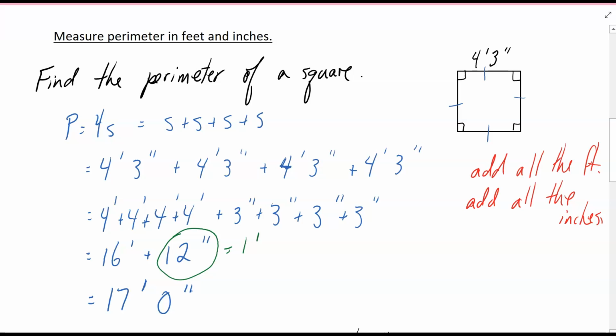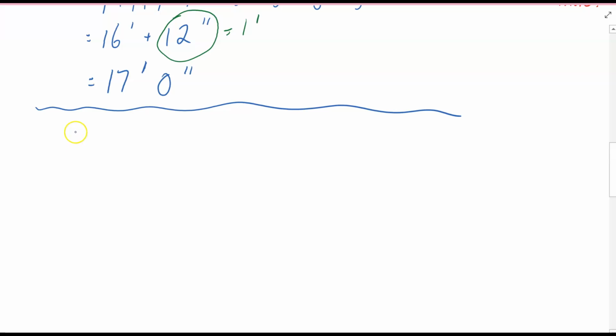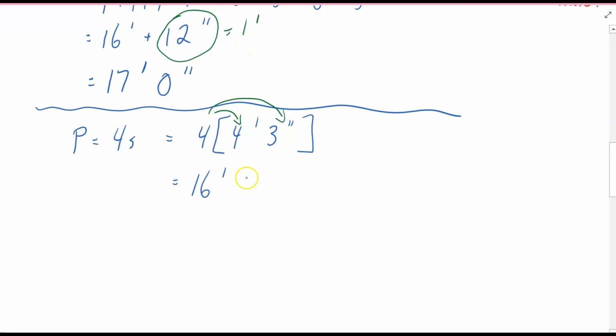Okay. A second way to look at that is that perimeter is 4 times the side length. So it is 4 multiplied by 4 feet 3 inches, and we should multiply the 4 by the feet and by the inches. So this turns into 4 times 4 feet, which is 16 feet, and 4 times 3 inches, which is 12 inches.